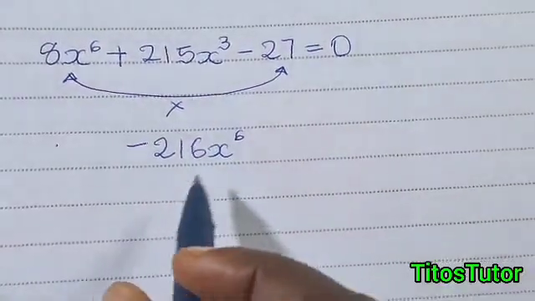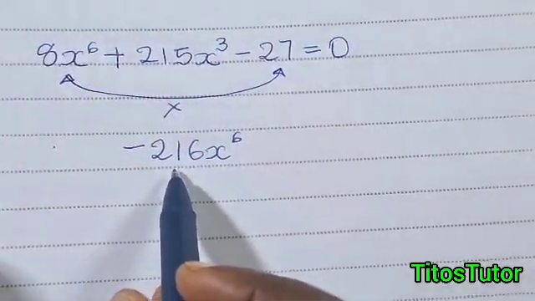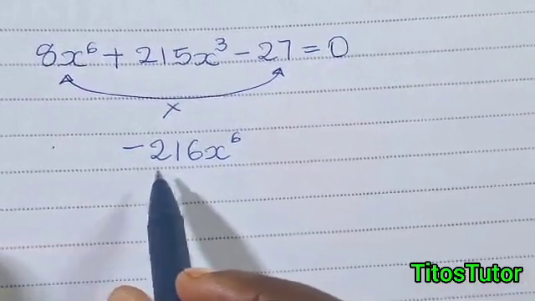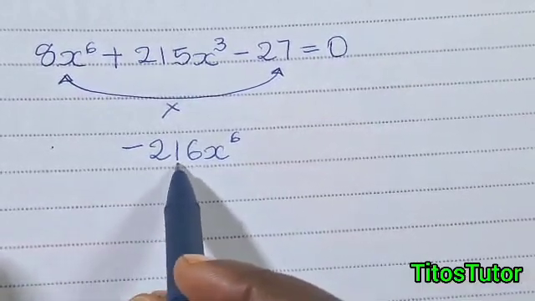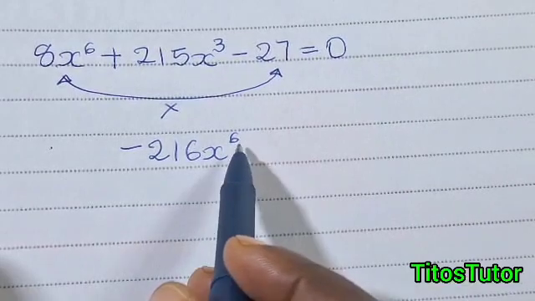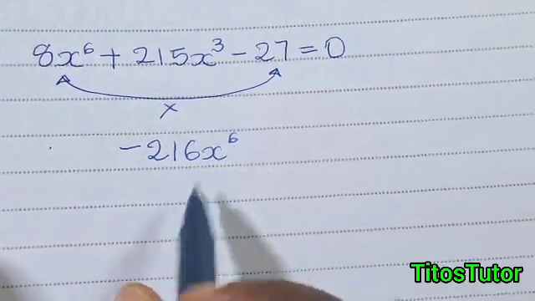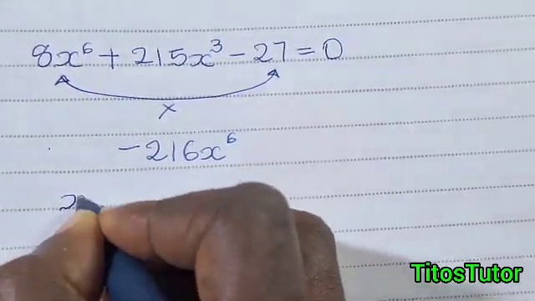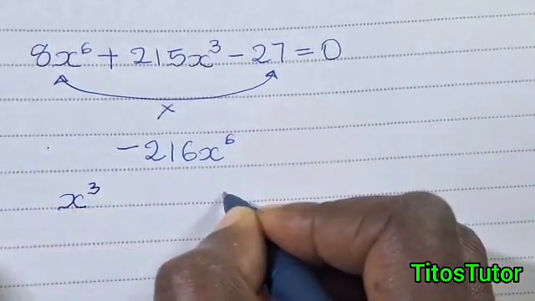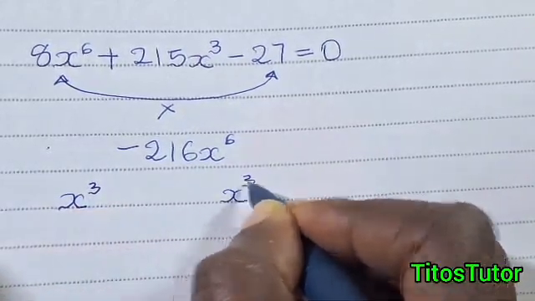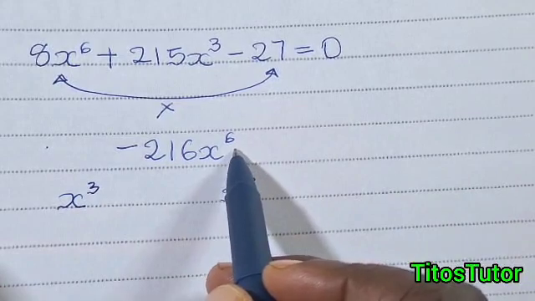Okay, so now I am going to look for two factors that when multiplied together will give me negative 216x raised to the power of 6. I know I'm going to multiply x raised to the power of 3 and another x raised to the power of 3 to give me x raised to the power of 6.